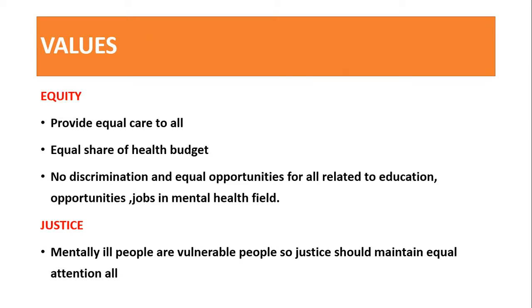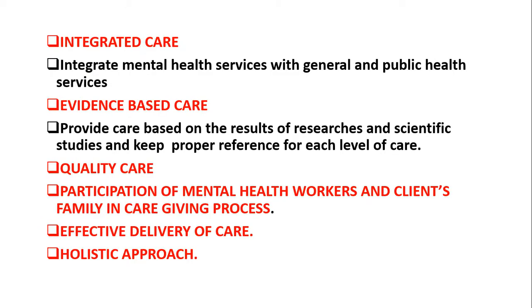Next are the values. The values include equity, justice, integrated care, evidence-based care, quality care, participation of mental health workers and clients' families in care, effective delivery of care, and a holistic approach.